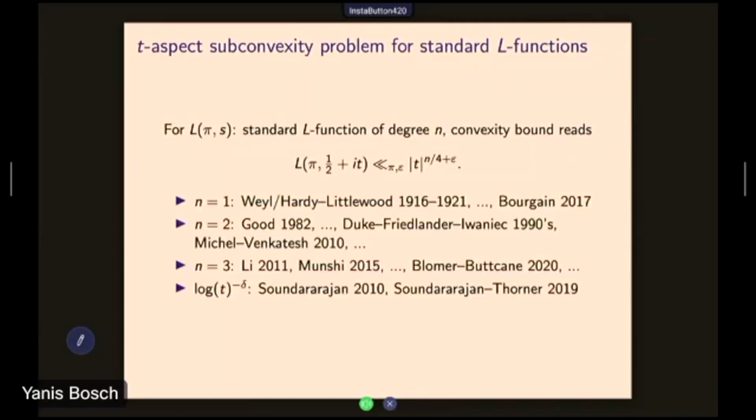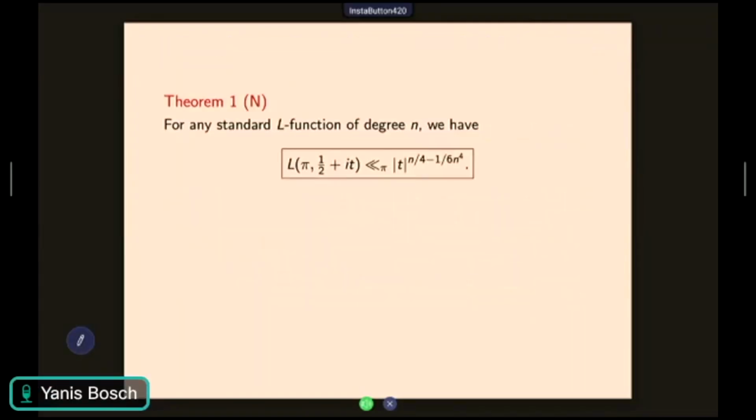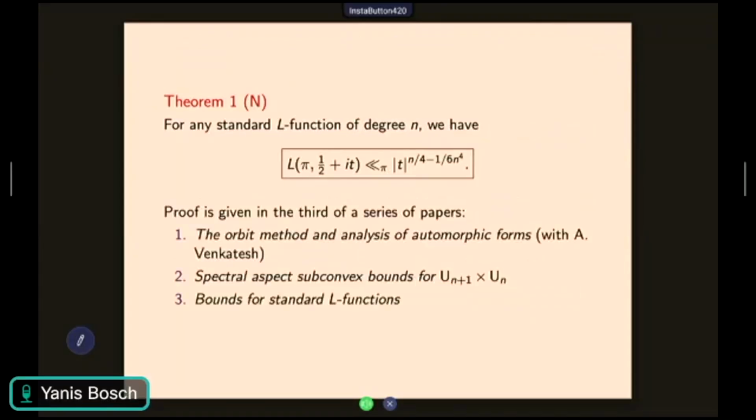And there's a long history of work on cases of this problem, quantitatively mostly for n up to 3. So a few years ago I put on the archive a result establishing this for general n, saving a very small exponent as you see here. And it's given as a result in the third of a series of papers that I'll talk a little bit more about in the talk.